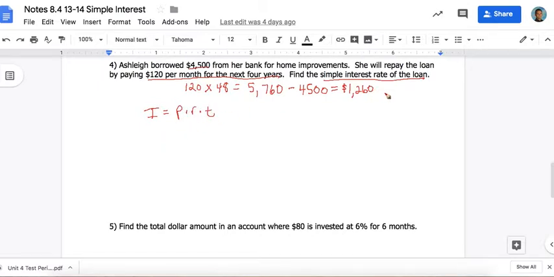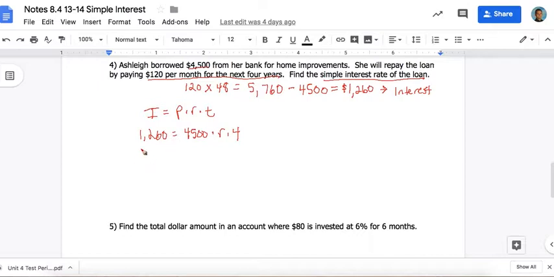So I know the interest right here, and let's label this as my interest. So this time I gave you the interest, and now we're finding the rate. So the principal is how much was borrowed, so $4,500, times the rate, which I don't know, and I know the time is 4 years.